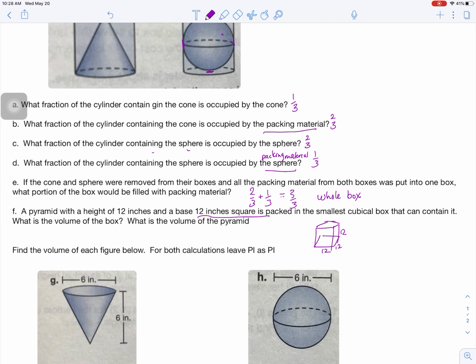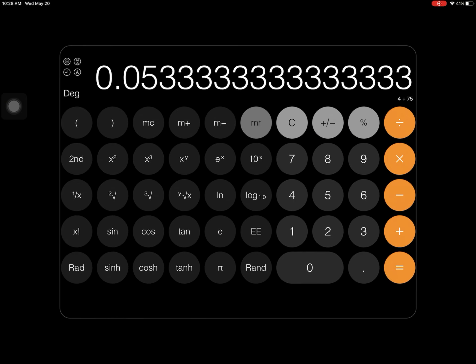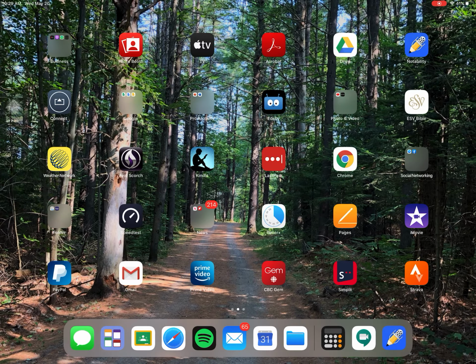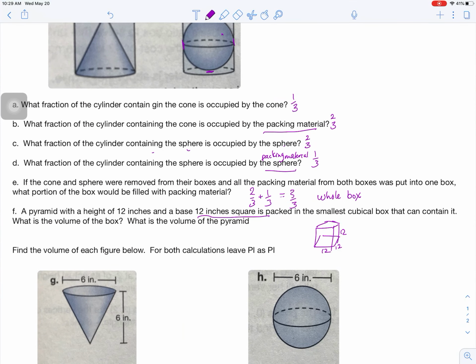Figuring out the volume of the box is easy. We go to our calculator, 12 times 12 times 12, and we get 1728. So the volume of the box equals 1728 centimeters cubed.